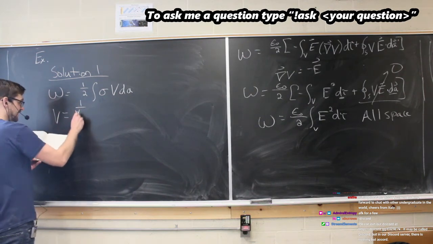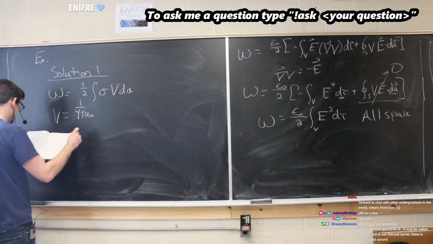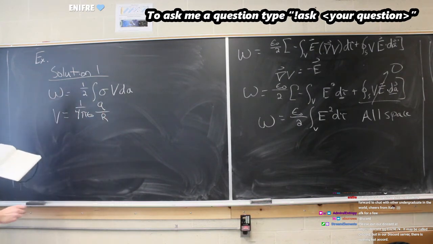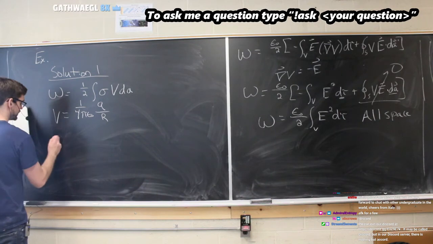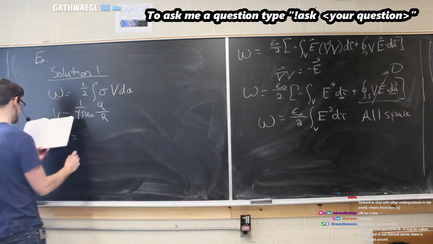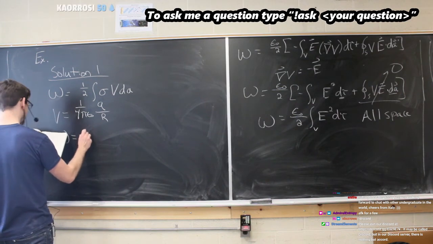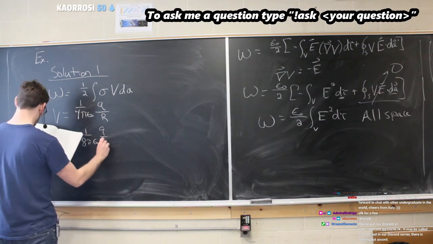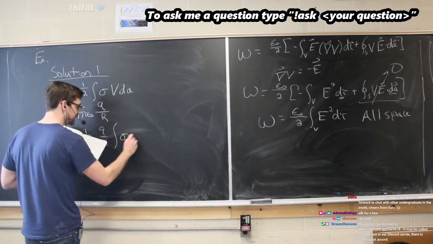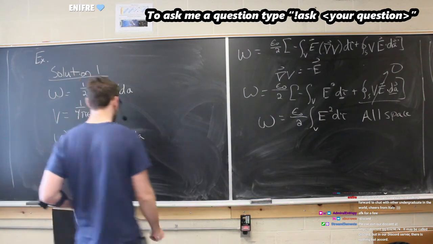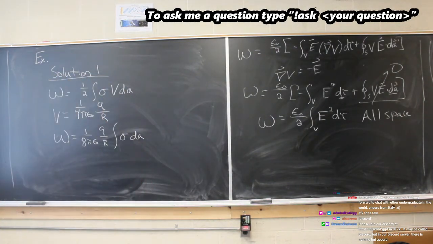We found that the potential on the surface of the shell was constant, and inside the shell, it was constant as well. And then, therefore, we can just substitute this potential inside, and we get 1/8 pi epsilon naught Q R times the integral of sigma dA. This is, of course, what?